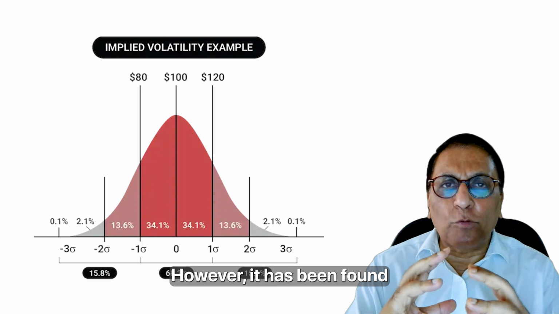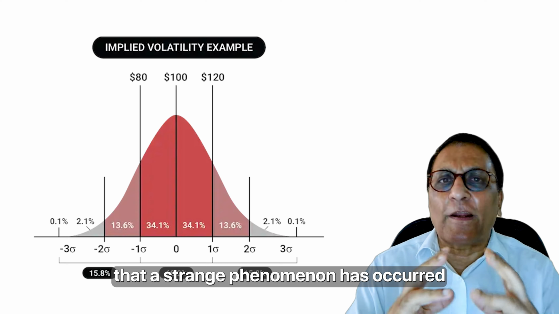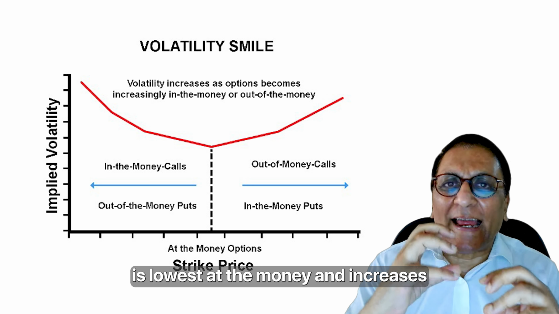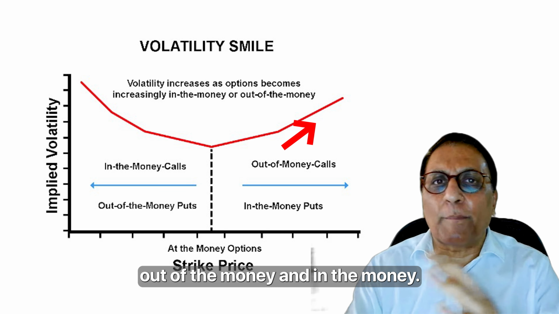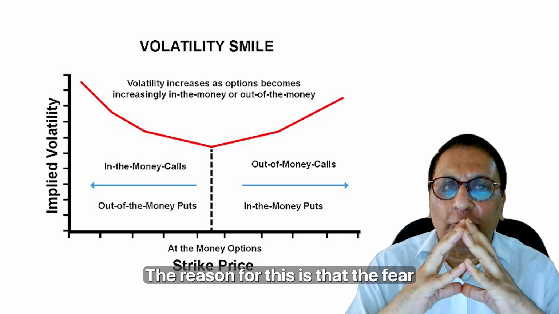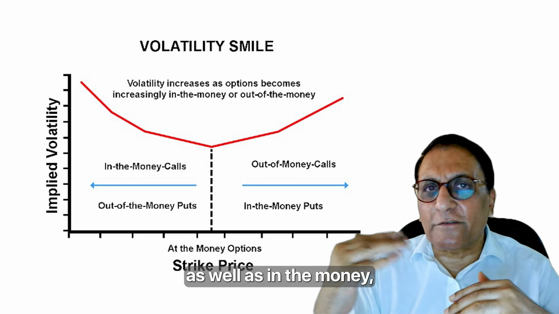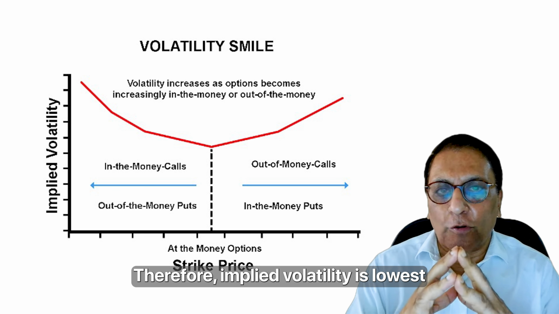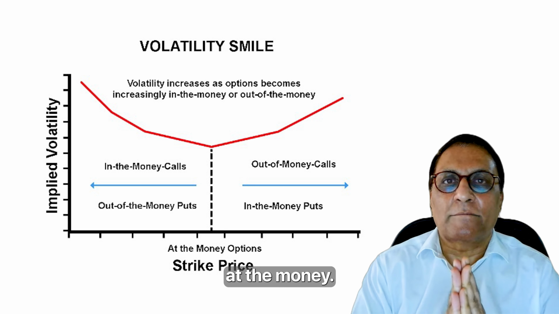However, it has been found after the crash of 1987 that a strange phenomena has occurred, that the implied volatility, in fact, is lowest at the money and increases on both sides, out of the money and in the money. The reason for this is that the fear factor is higher out of the money as well as in the money because of large price movements. Therefore, implied volatility is lowest at the money.